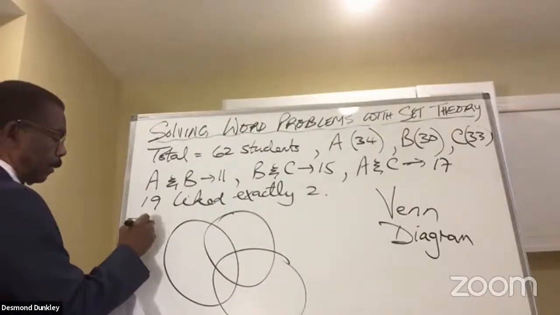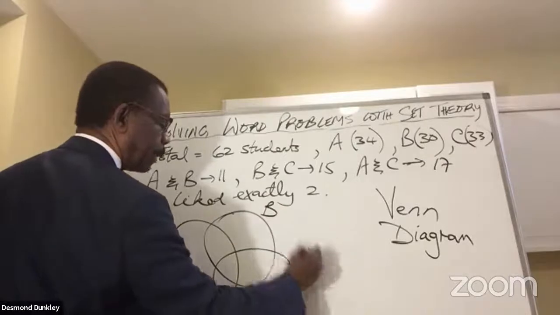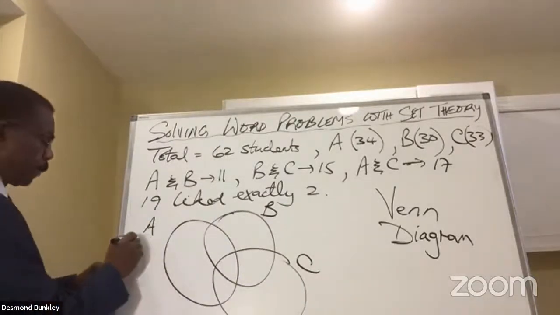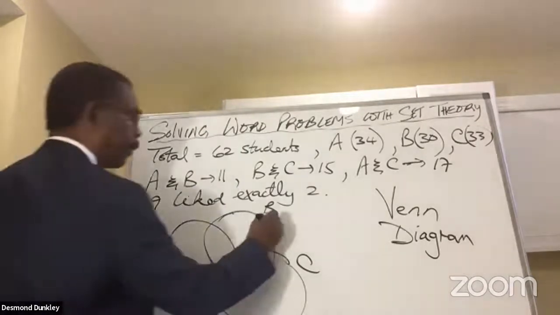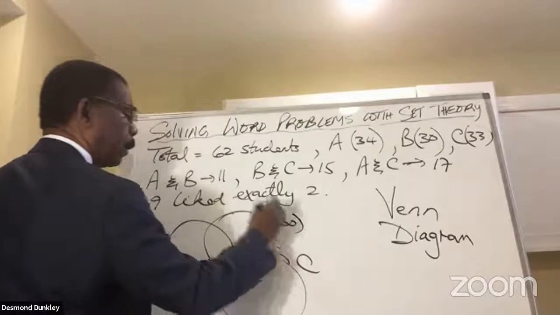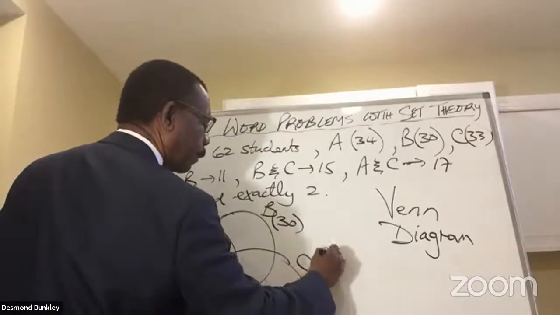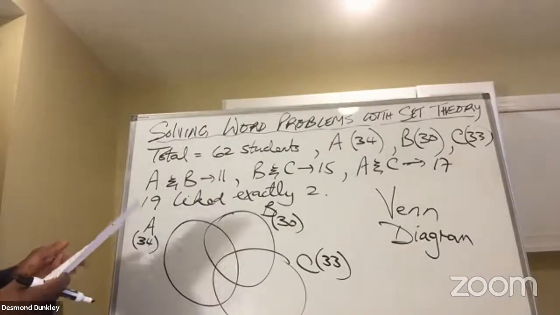Okay? So we have apricot, banana, and cantaloupe. For apricot, we had 34 total. For banana, we had 30 total. And for cantaloupe, we had 33. What do we know?